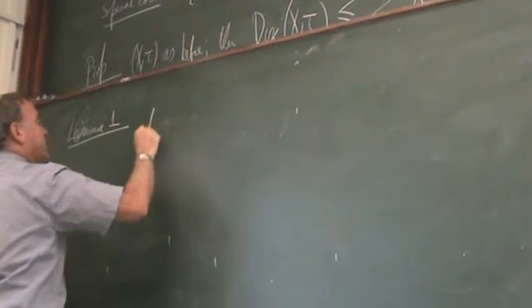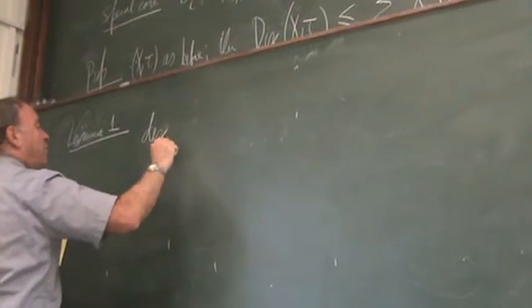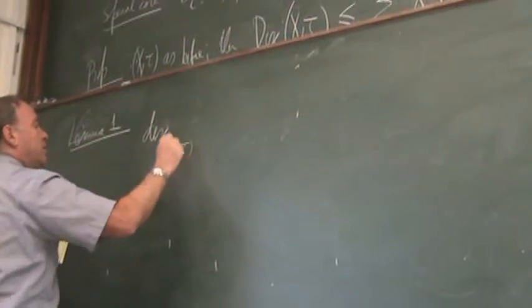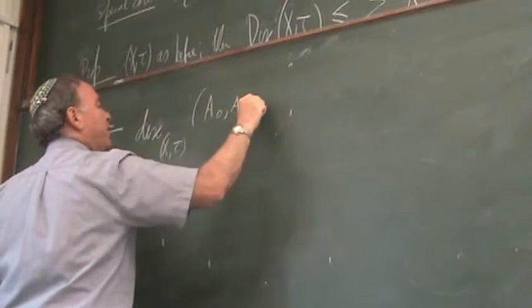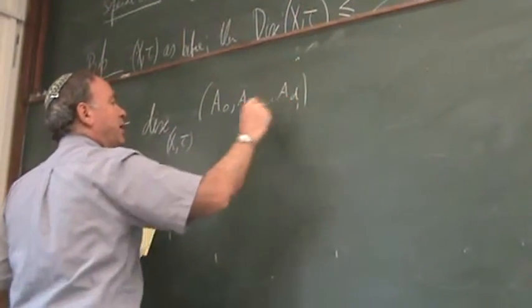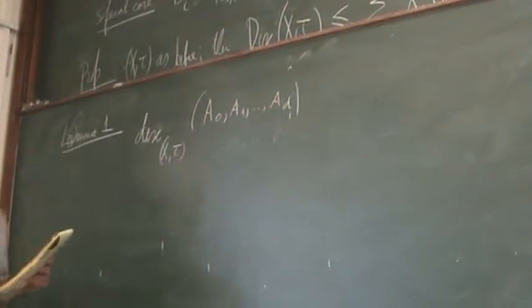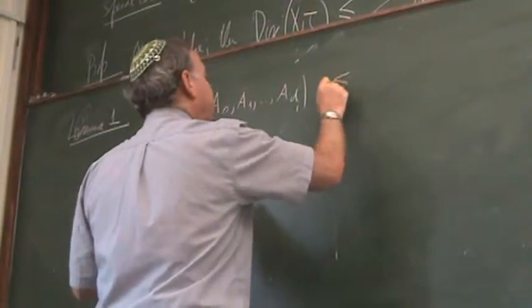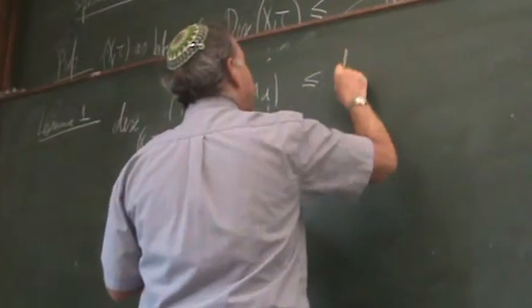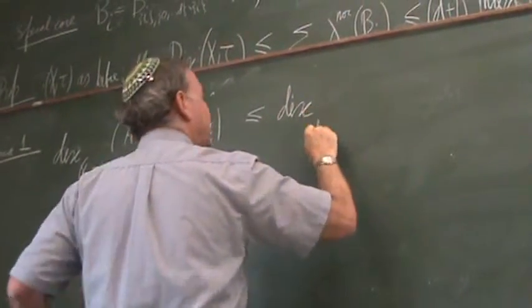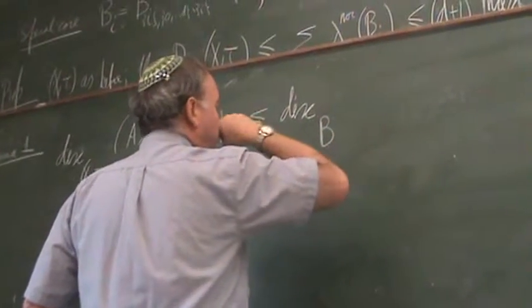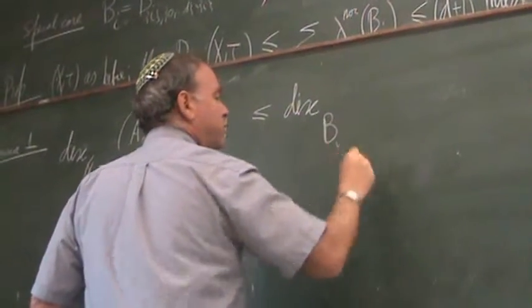1. The discrepancy of X_tau of sets A_0, A_1 up to A_D, and eventually that's what we want to bound, is at most the discrepancy of the following graph. Let's look at the graph that we called before B_i.